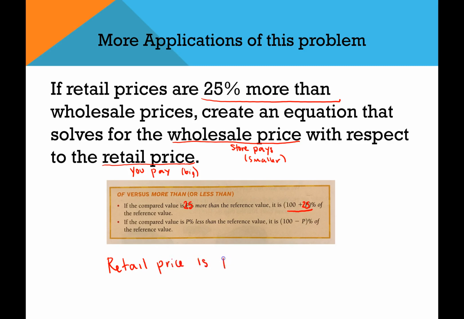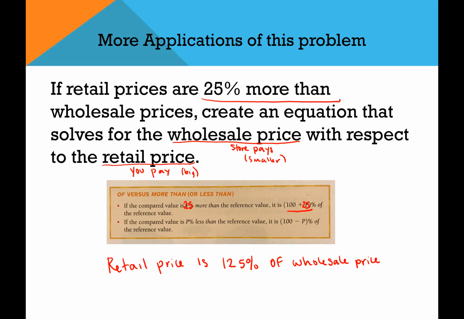So the retail price is 125% of the wholesale price. And I'm going to emphasize again that the retail price is higher, bigger, so that's why it comes first, because this number is greater than 100%. If it was less than 100%, then you should have the smaller value first, because it's basically getting smaller.